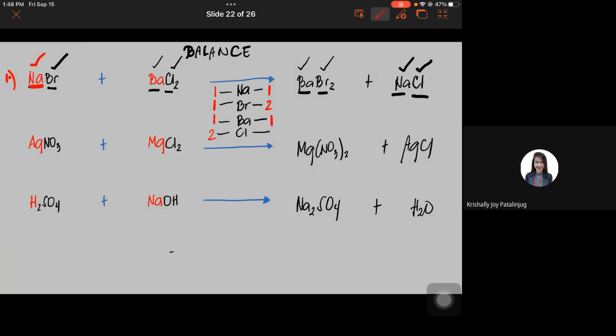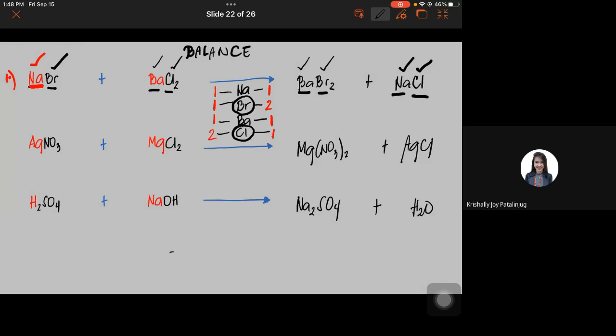Then on the product side, there's only one chlorine. Okay, so that's the first thing. You should do counting. I believe you know how to count. Okay, now try to observe what are the atoms of the elements that are not balanced. So I already encircled. What are the atoms in the chemical equation not balanced? We have bromine and also chlorine.